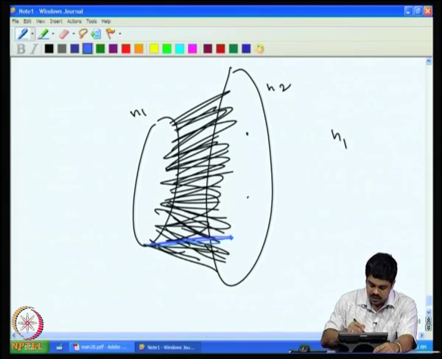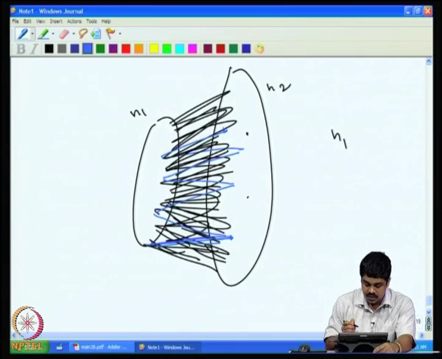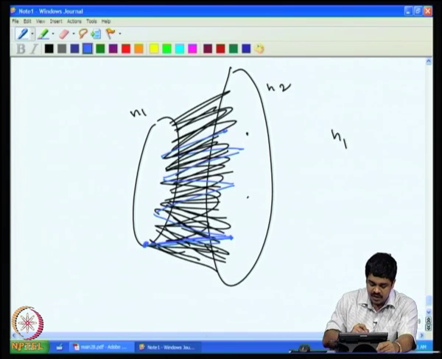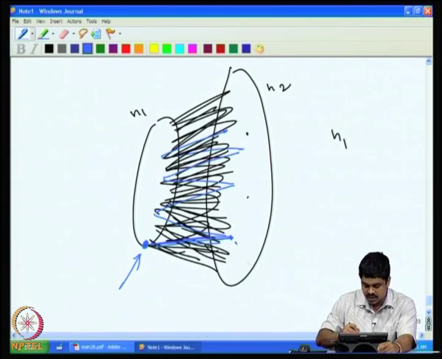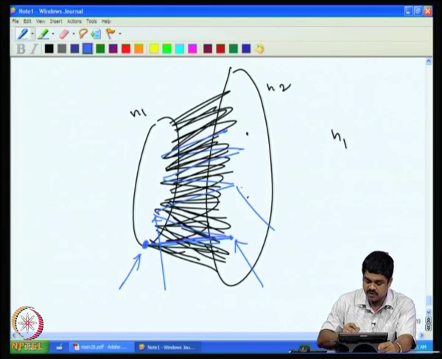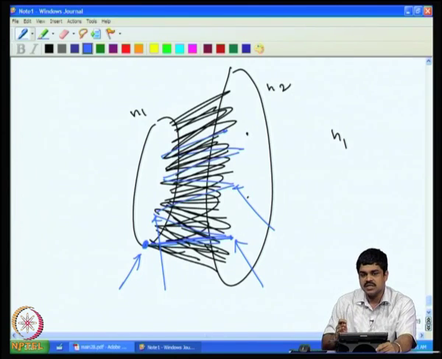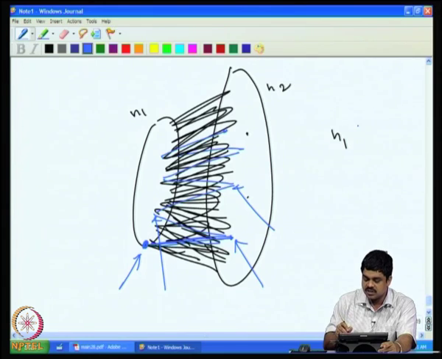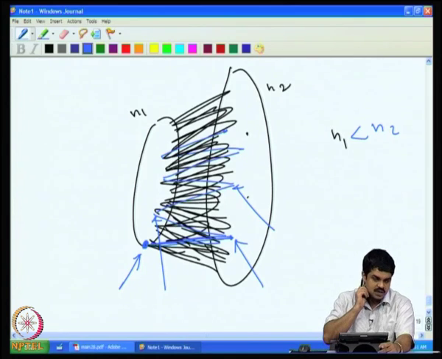You can go here, come here, go here, like this, but every time the cycle takes one vertex from this side, it takes one vertex from the other side also. So it is finishing off the vertices on both sides in equal amounts. Since n1 is smaller than n2, n1 will finish off faster than n2, and then we will not be able to continue the cycle.